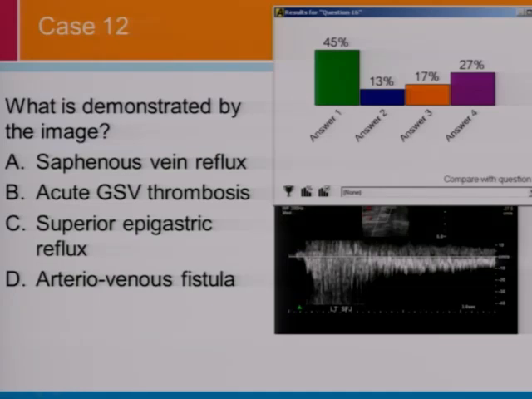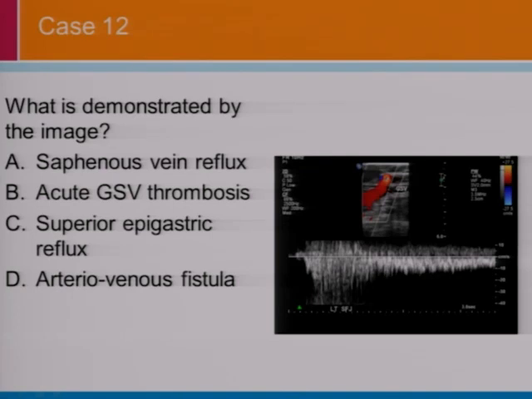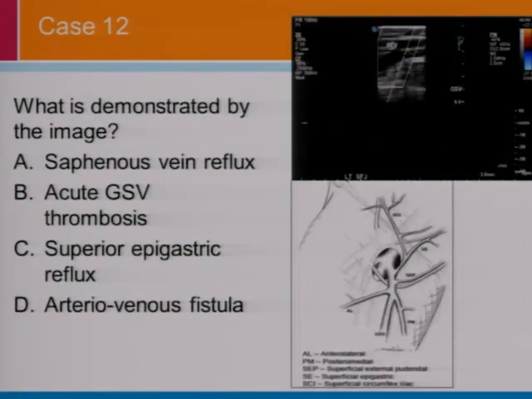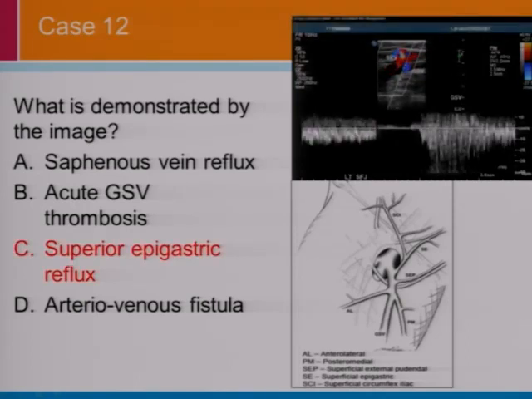Interesting. Okay. So it might not be clear, but this is the superior epigastric vein right here. This is your great saphenous. It's thrombosed. This is where knowing the history becomes very important in your patients. So this patient had a prior endovenous laser ablation. You can see the great saphenous vein is thrombosed.